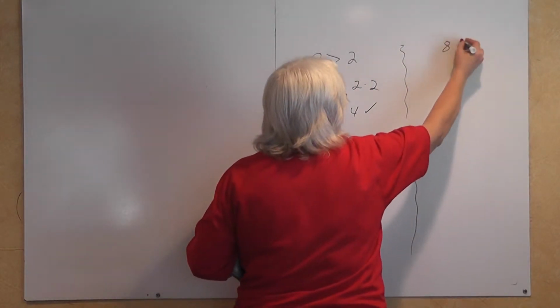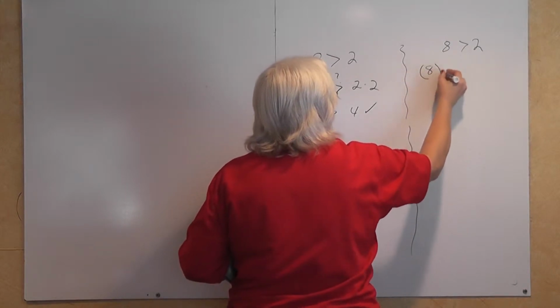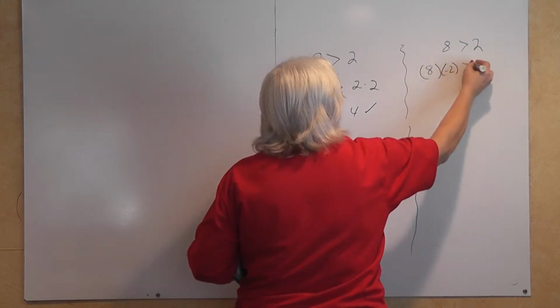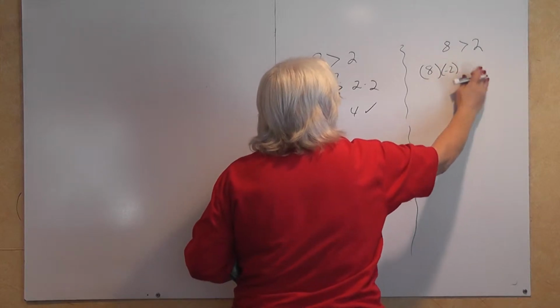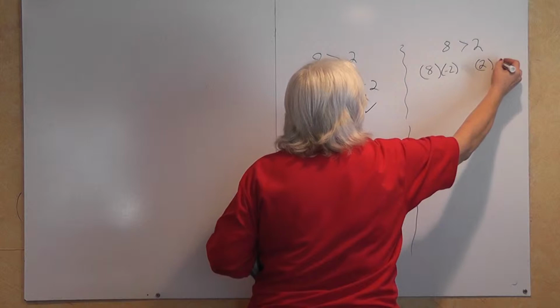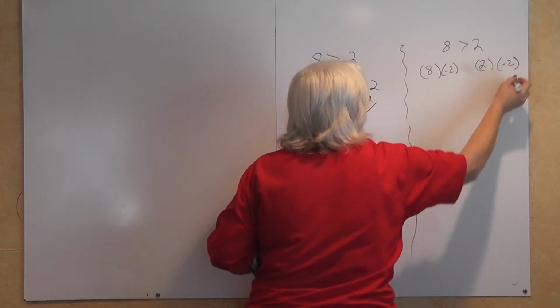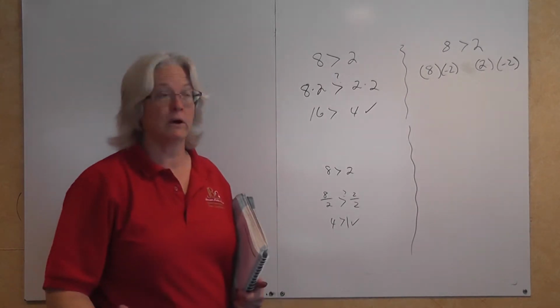Start off with our same 8 is greater than 2. What happens if we multiply 8 times a negative 2 instead of multiplying by a positive 2? What are we going to end up with?